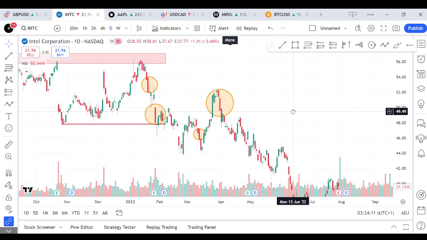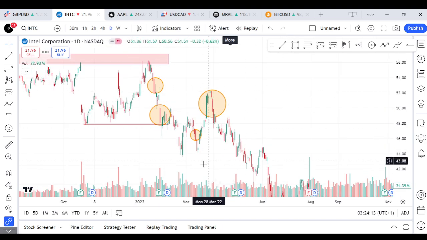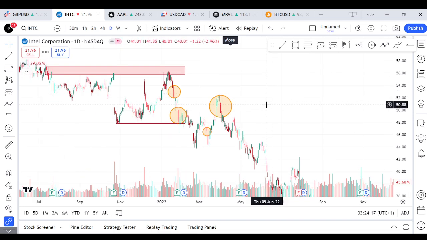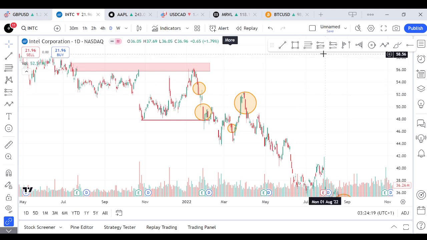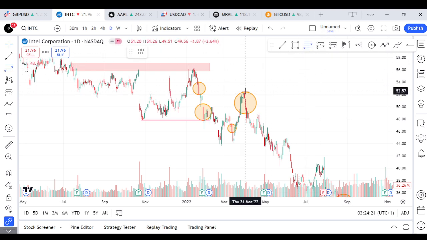So you can see this, we'll be expecting a pullback into this zone. Like I said, it's always important you analyze the general market structure before looking to take entry points with the bearish Marubozu candlestick pattern.